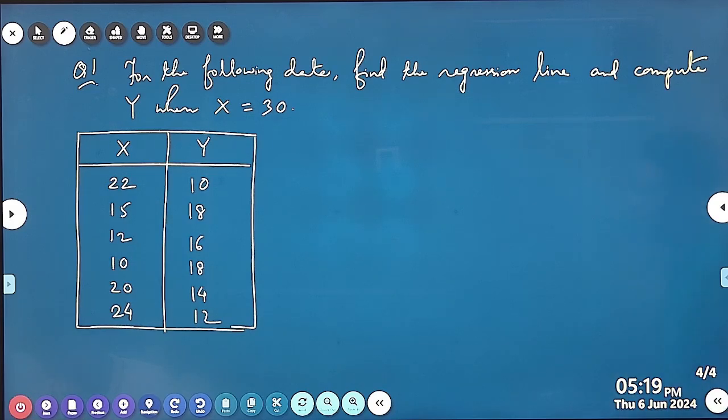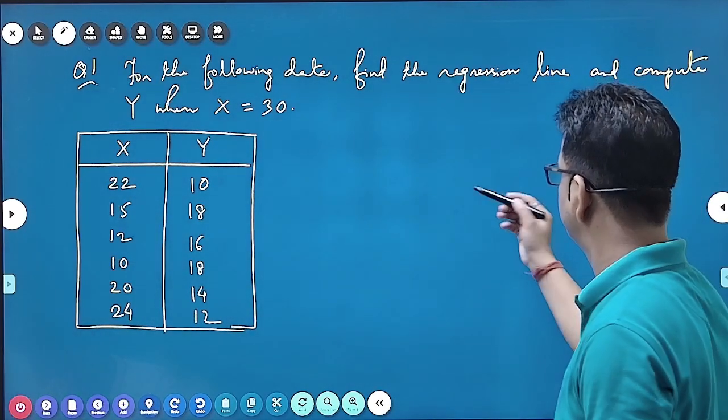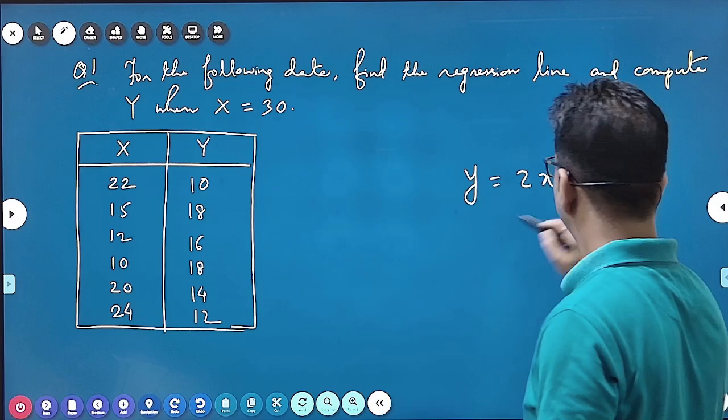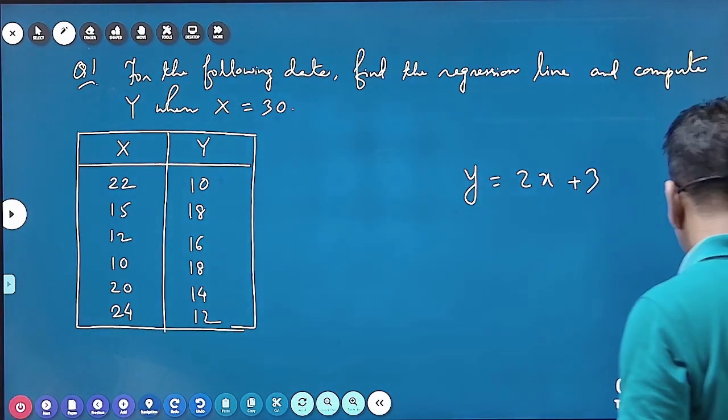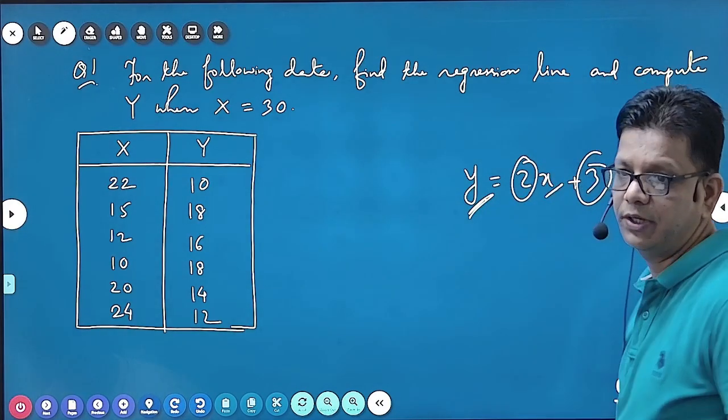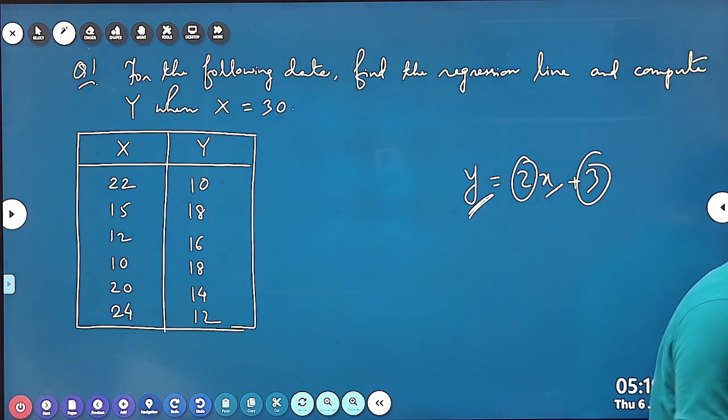See, when it is an equation of line, any line, we have the equation like this, y is equal to twice x plus 3. So now this x and y remain, just you have to find this 2 and 3. Because it is an equation of line, it must be in unknown variables like x and y.